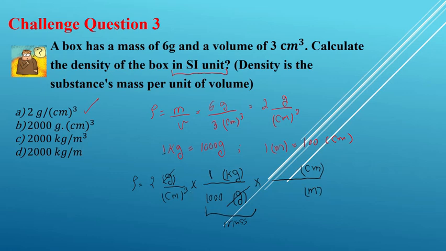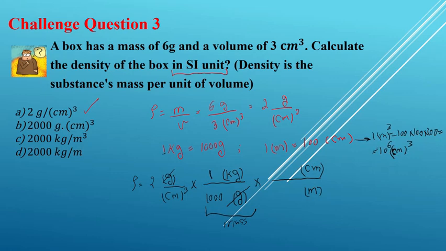However, here I have cubic centimeter, right? So how am I going to do that? This is like a product of three lengths. So 1 meter cubed is going to be 100 times 100 times 100, which is equal to 10 to the 6 cubic centimeters, sorry. This is how I can write it.